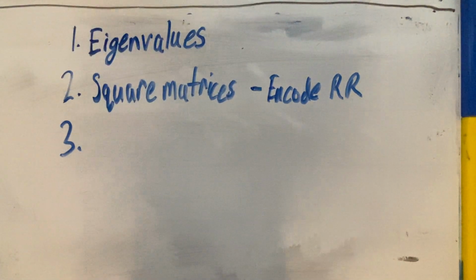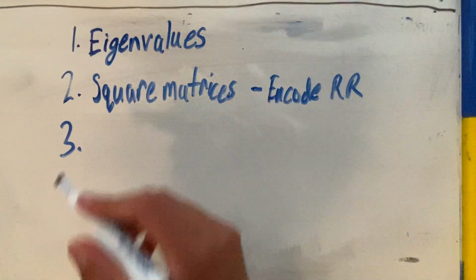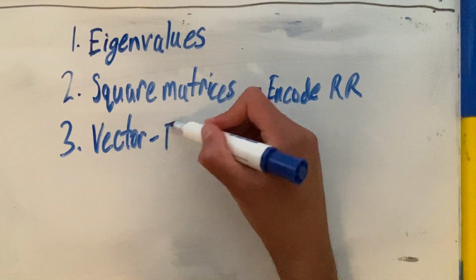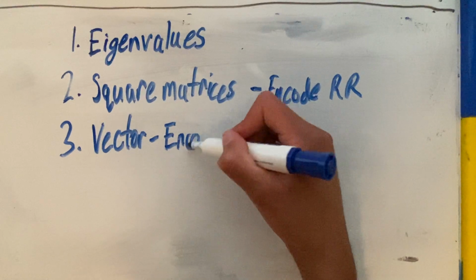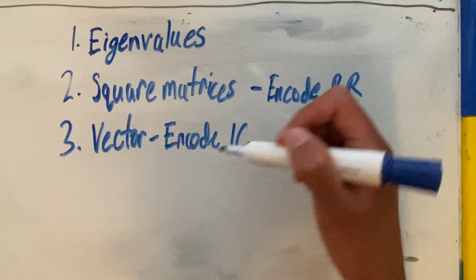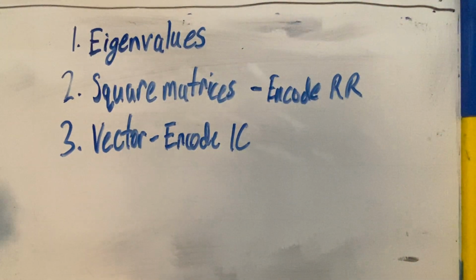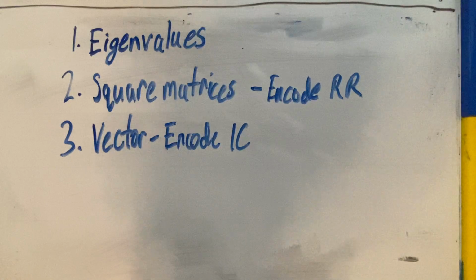And then you also will need to use a vector to encode the initial conditions, the first few values in the recursive sequence that allow you to then use the recursive relation going forward.